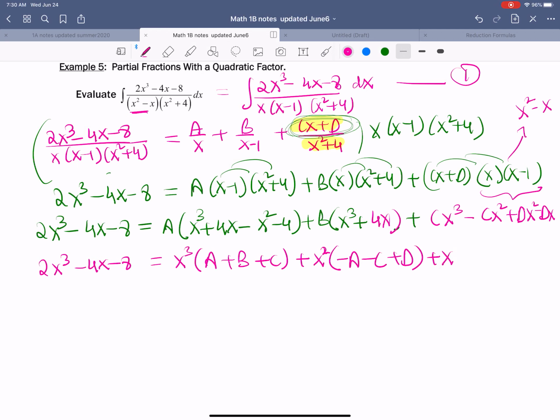And then we will have plus x, 4a plus 4b minus d. And then we have minus 4a as a constant.